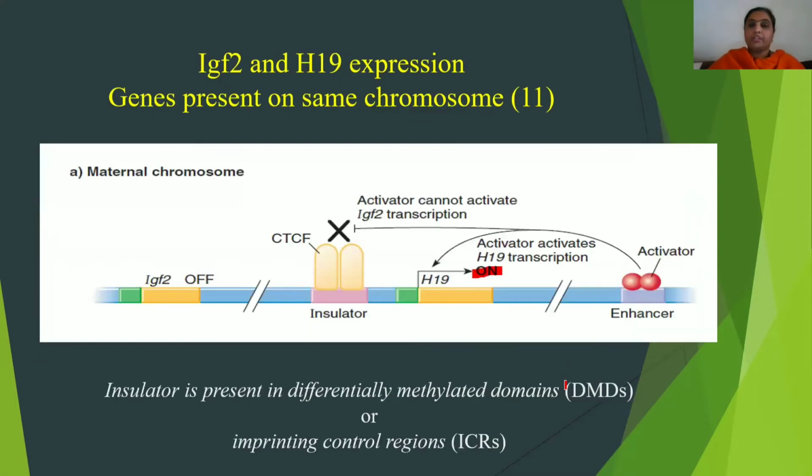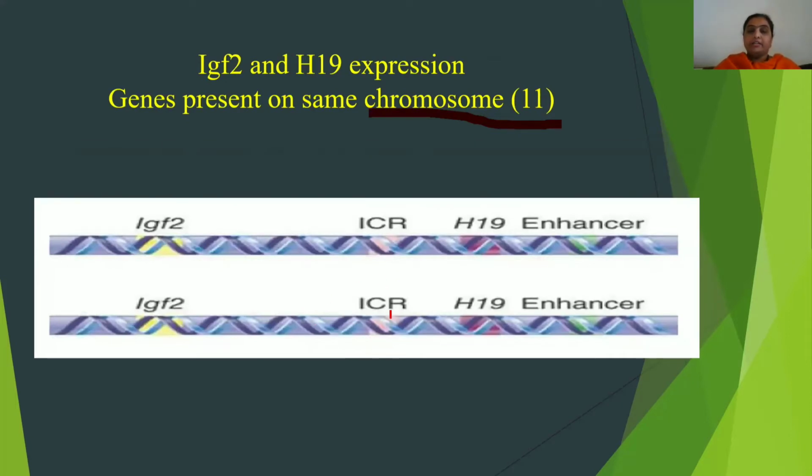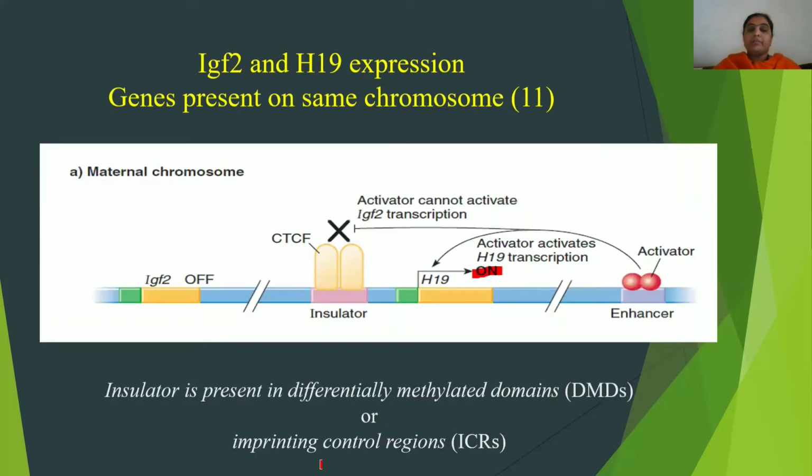So how is it going to happen? Now we have just seen that in this diagram there is an ICR. What is the ICR? Imprinting control region, also called a differentially methylated domain. And this ICR consists of an insulator, and this insulator allows the binding of CTCF.